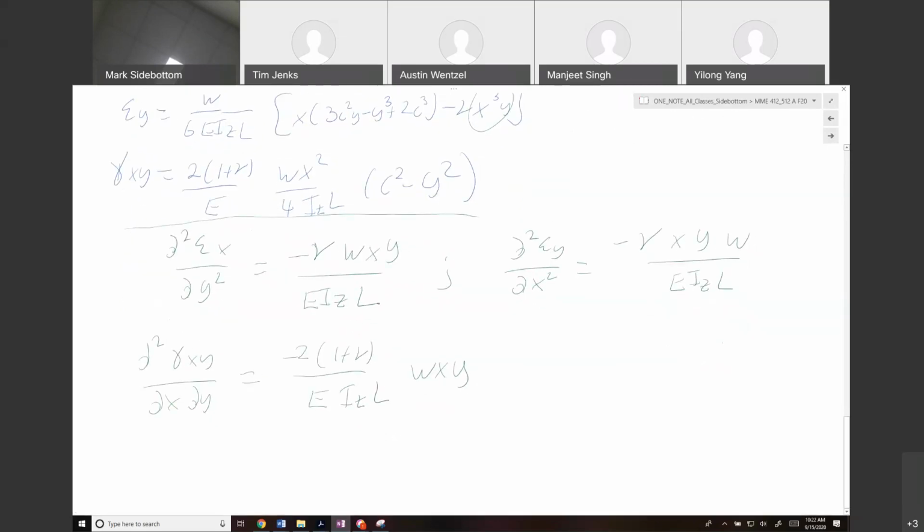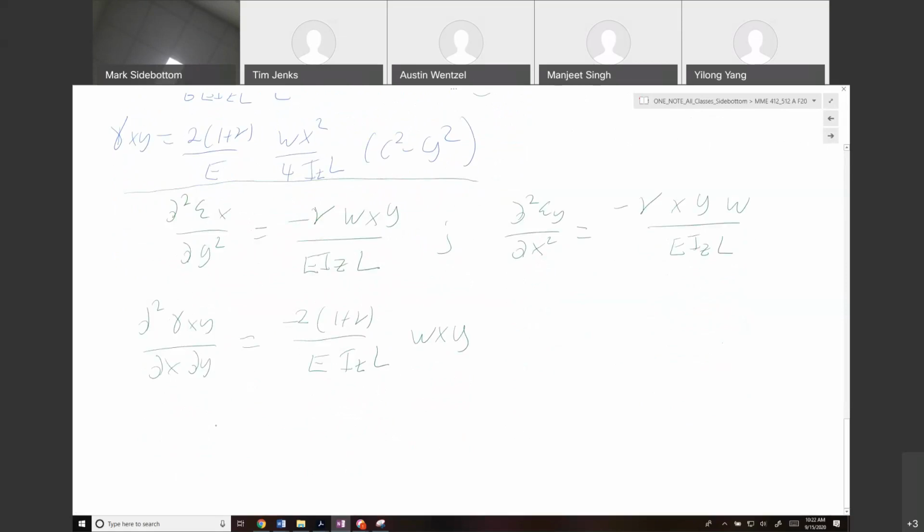If we plug all these into one equation, we get minus 2 times 1 plus the Poisson's ratio over E IZ L times w x y on the left-hand side. On the right-hand side, we get minus v w x y over E IZ L minus Poisson's ratio times x y w over E IZ L.